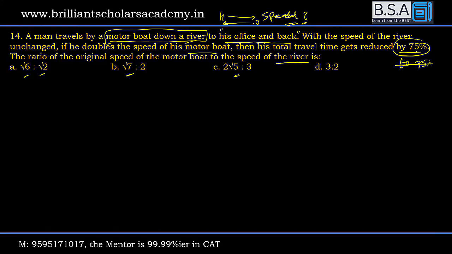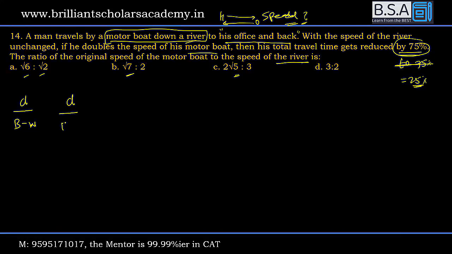Something that decreases by 75% becomes 25%. You decrease something by 75%, you achieve 25%. So here we do not know the distance between his home and office. Distance, let us say, is D. In one case, the boat is being opposed by water.